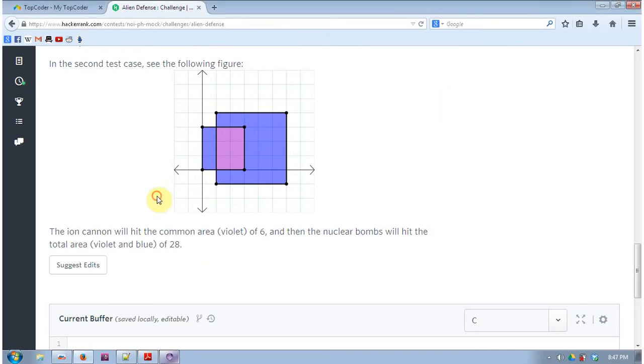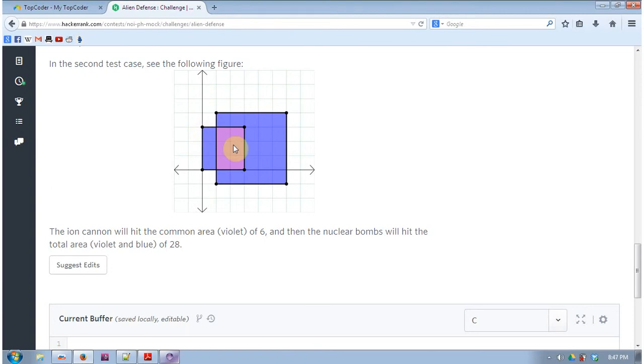Let's have the following figure, example 2. We have 2 rectangles here, and for this part, these are squares. Take a look at the 4 vertical lines here: line 1, line 2, line 3, and line 4. As you would notice, the smaller square is a 3 by 3 square, and this is a 5 by 5 square.